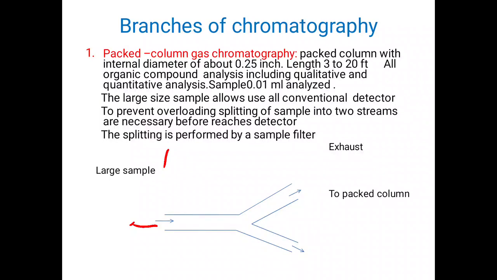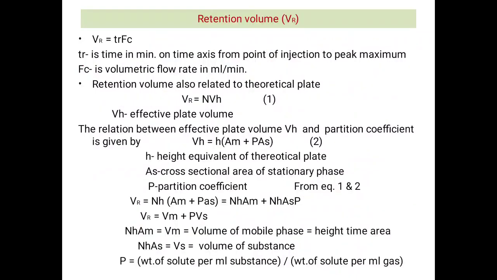The sample is split into two branches: one to the exhaust, and the other to the packed column. So overloading is prevented in this way. The large sample passes through here and splits into these two branches, one for the exhaust and one to the column.